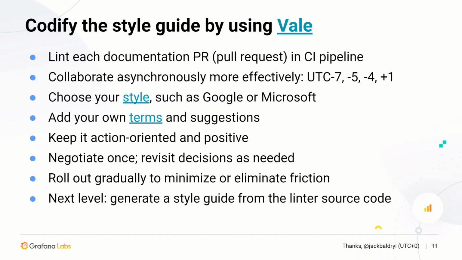Diana's UTC -7, Matthew, I think you're UTC -5, Jita's UTC -4, I'm +1, and the engineer that I'm pairing with is on UTC. I just think that's an important aspect of working together to get features developed across teams. And in this case, the engineers, I said thanks to Jack Baldry on the bottom here. You see him in the footer.